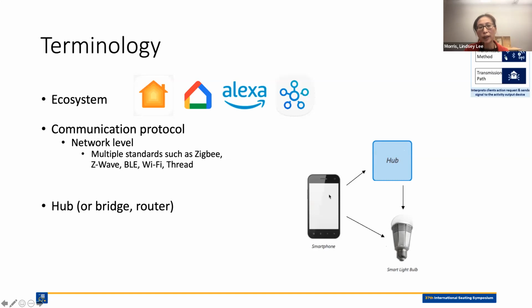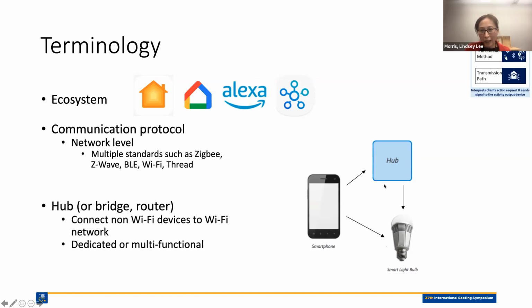So you see two different types of communication here. This hub essentially connects all these non-Wi-Fi based devices back to the Wi-Fi network, so you can use your phone or your voice to control them. The hub could be a dedicated small device in your home that doesn't do anything but translate signals. Or it could be a multifunctional device like the Amazon Echo, which actually has a Zigbee hub built into it in the newer models. The older ones don't, but the newer ones do.